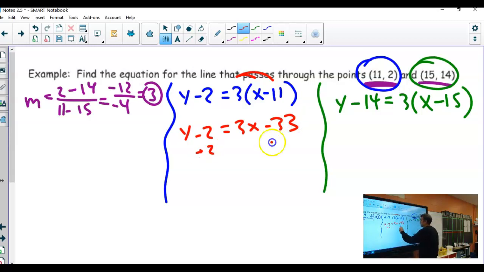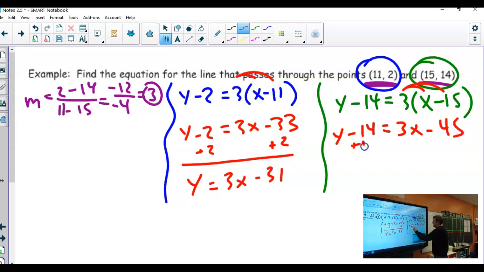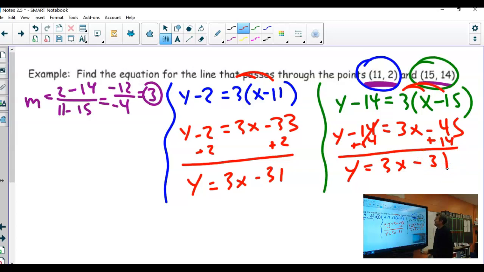Then I would add 2 to both sides, and I'd have y equals 3x minus 31. How about in the second one? I would distribute the 3 and get y minus 14 equals 3x minus 45. Then I would add 14 to both sides and get y equals 3x minus 31. Look at that, they are the same equation.